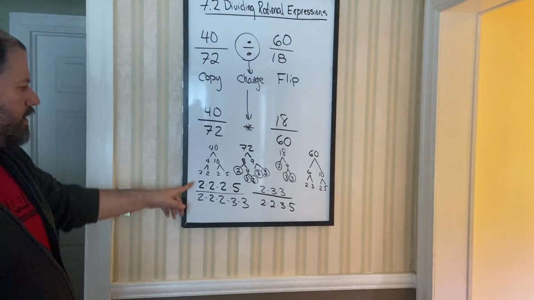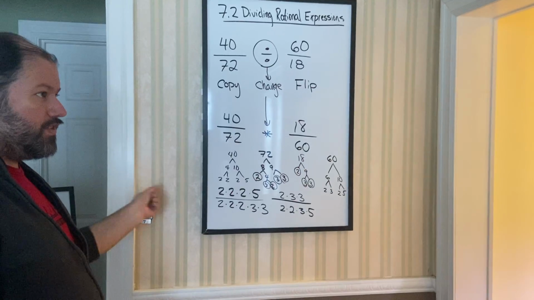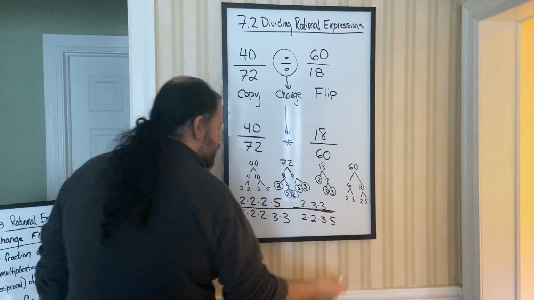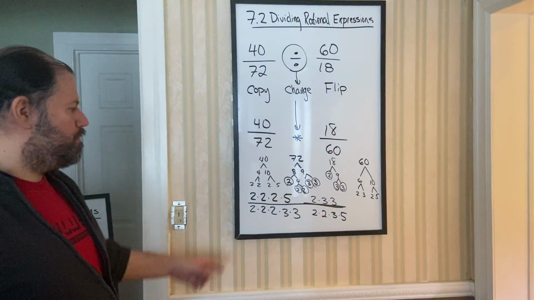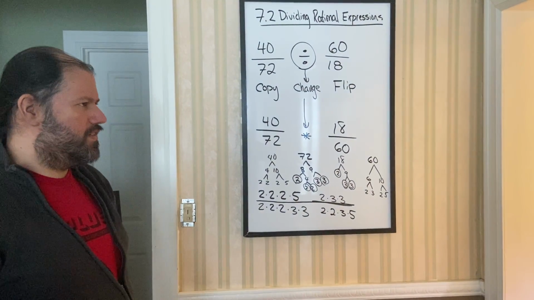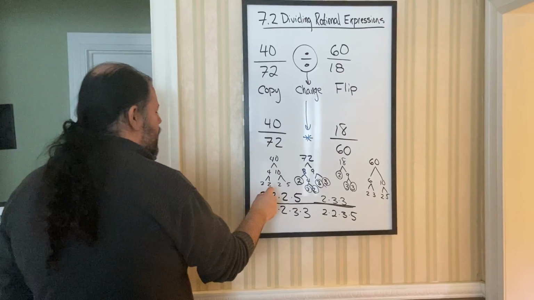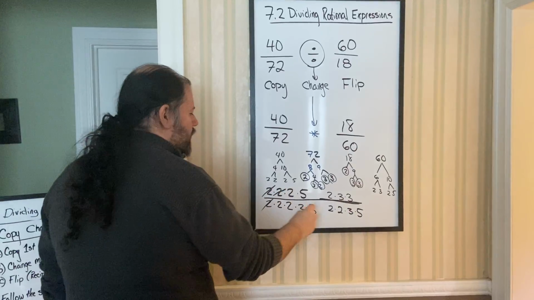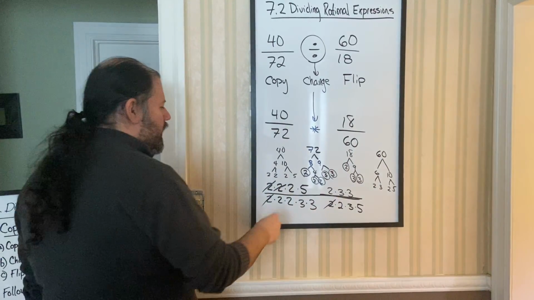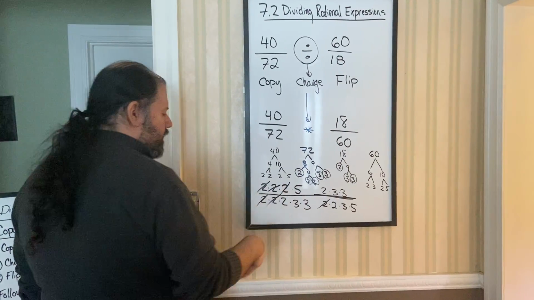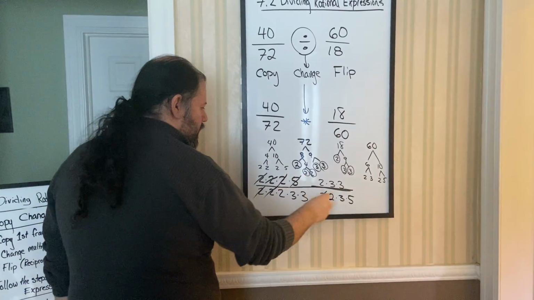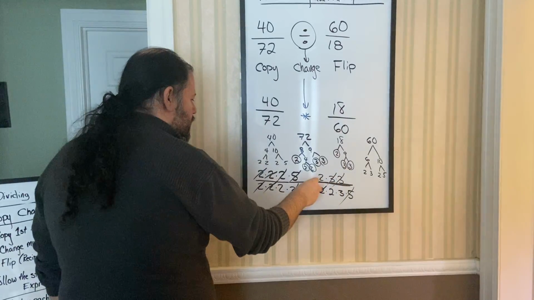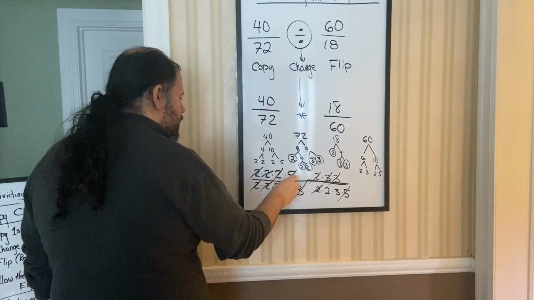Once you factor out each of the four corners, remember, then we do the big super fraction bar. And then you can cancel out any monomial factor on top that matches a monomial factor at the bottom. Doesn't matter if they're exactly on top of each other or if they're diagonal of each other, as long as it's one on top with one on the bottom. 5 and a 5, 3 and a 3, 3 and a 3, 2 and a 2.